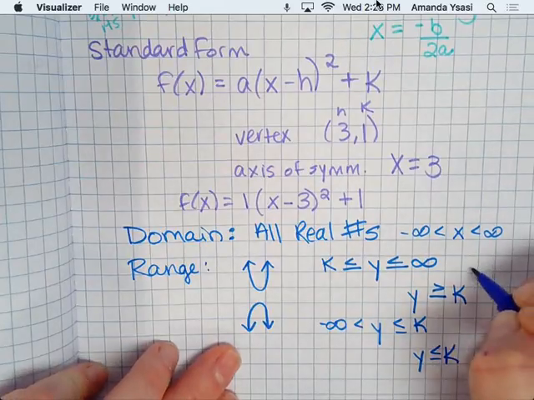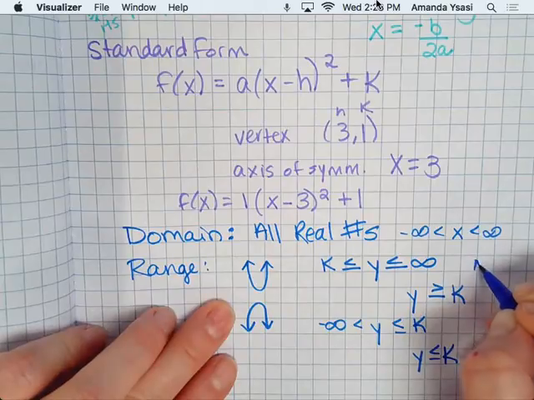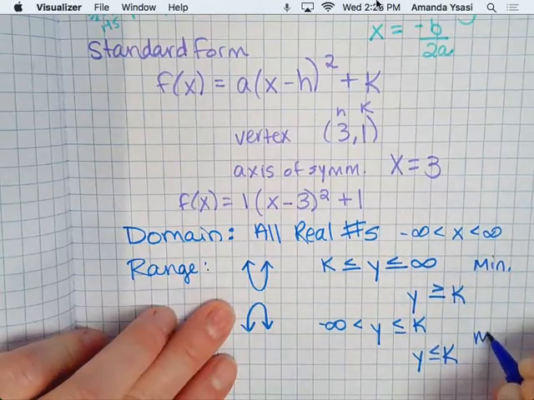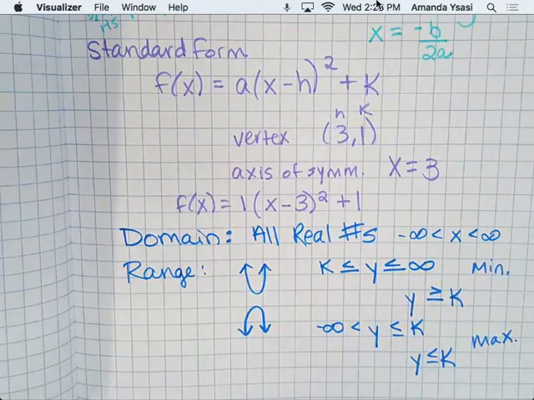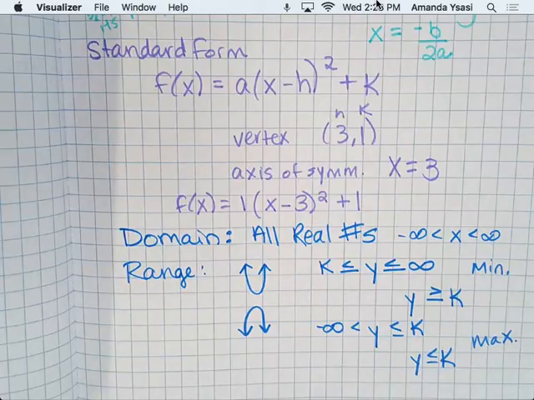So this is whenever k is a minimum, whenever you have a min, and this is when you have a max. So that's just a quick review over some of the attributes of quadratics.